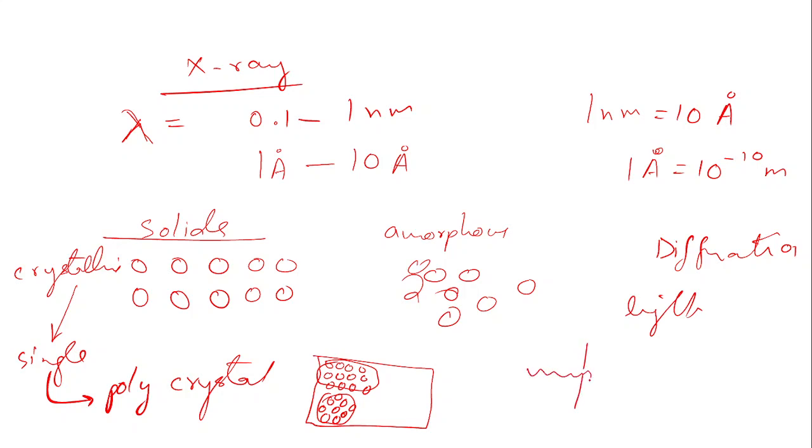If light is coming, it bends around very small objects or obstacles. But that diffraction or bending of light can only be seen when the size of the obstacle is comparable to its wavelength. Otherwise, if it's too big, then light will just pass simply. If it's too small, then also it won't show diffraction. So for diffraction to be seen, the obstacle has to be comparable to the wavelength of the light.